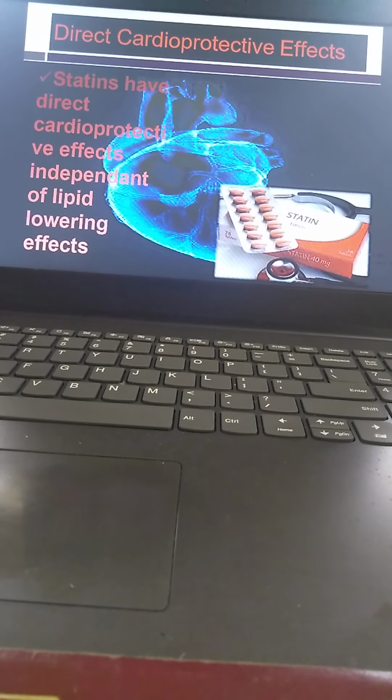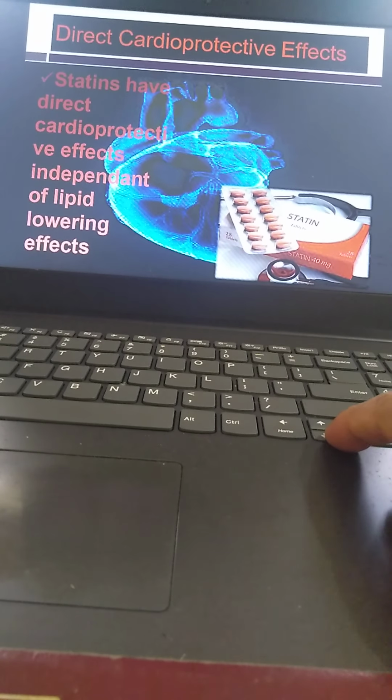Now the direct cardioprotective effect. Statins have a direct cardioprotective effect independent of lipid lowering. The heart is the main organ affected by the lipids. So this is the effect on the endothelium.